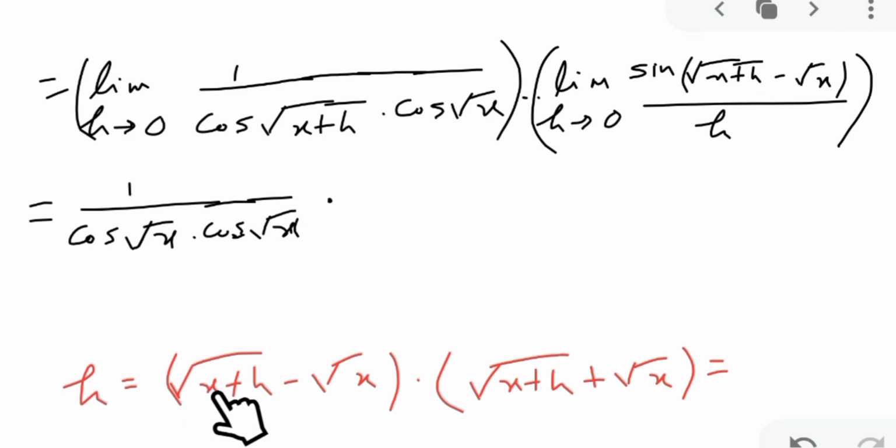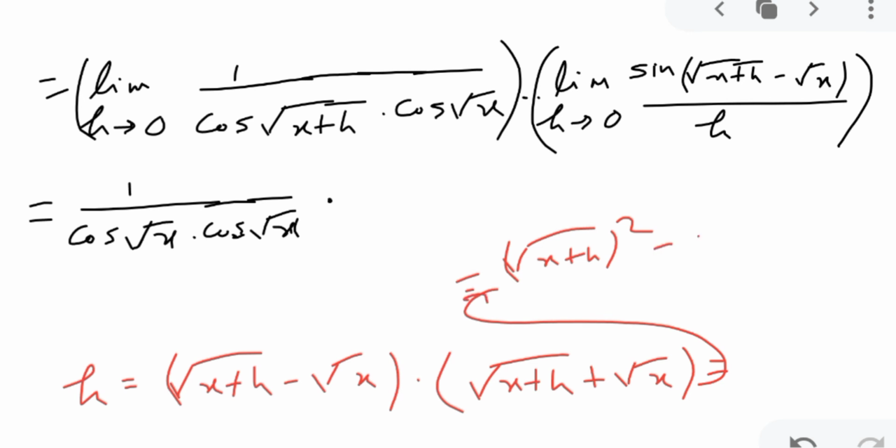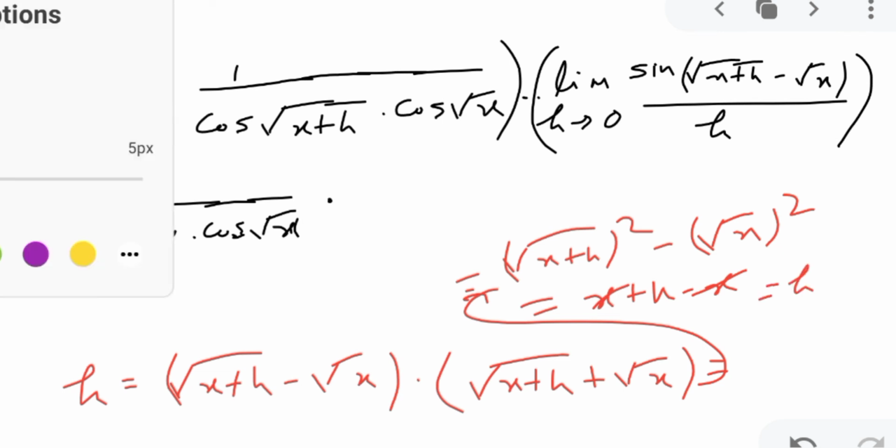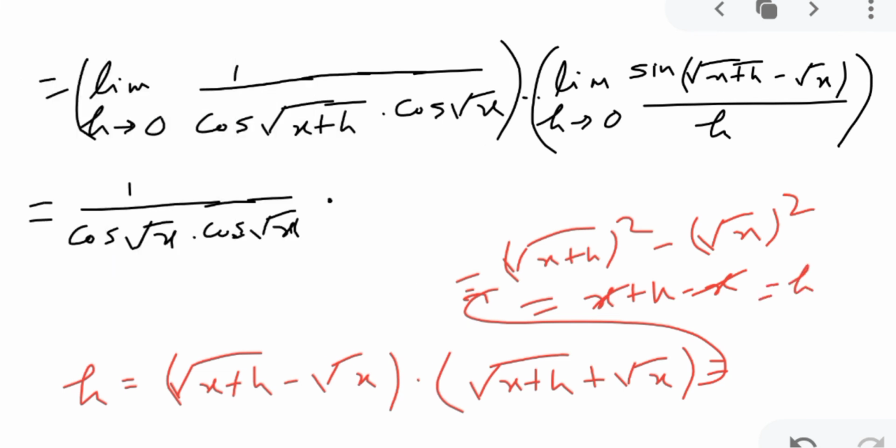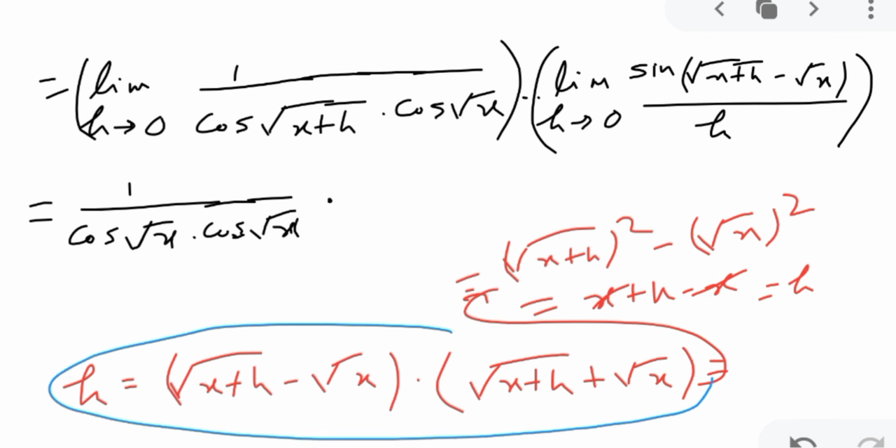Root over x plus h whole square will be x plus h, and minus root over x whole square will be x. So you will get h. Correct? So ultimately h I can write like this.